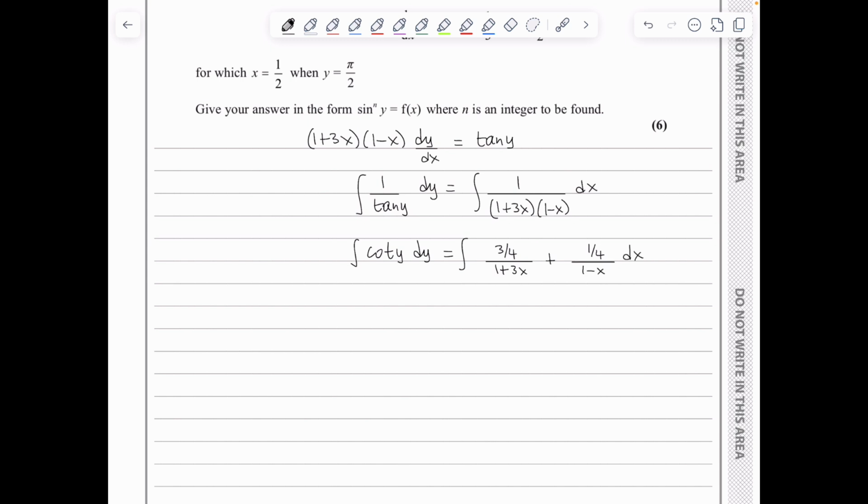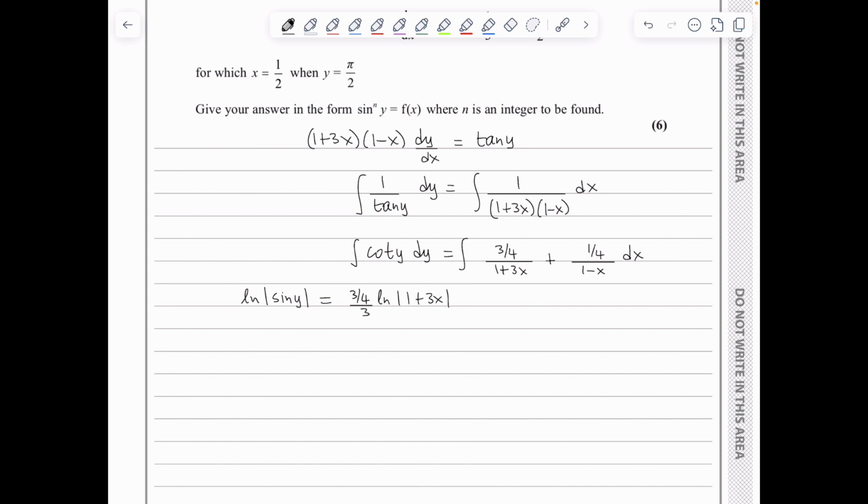Now the integral of cot y is given in the formula booklet. It's going to be ln of the absolute value of sine of y. Then the integral of 1 over (1 plus 3x) will give me ln of (1 plus 3x). So we're looking at 3/4 over 3 ln of (1 plus 3x).